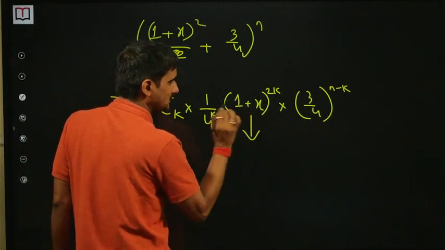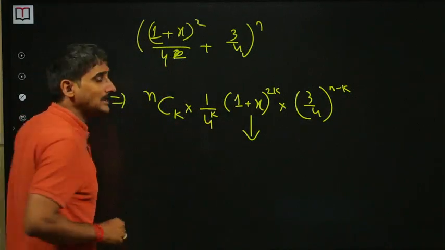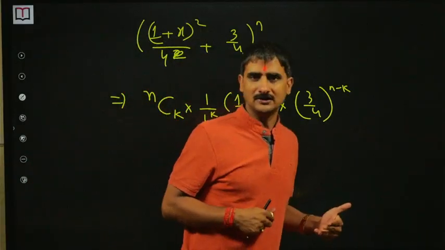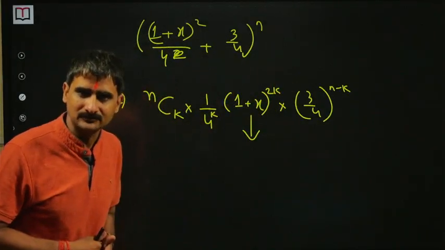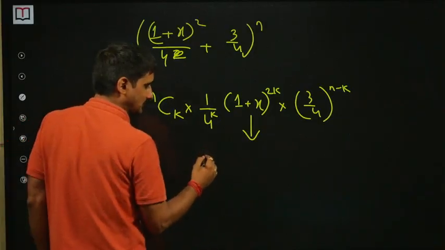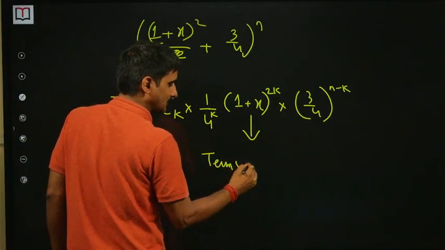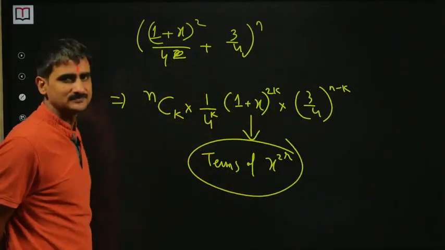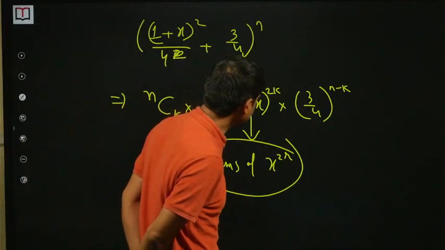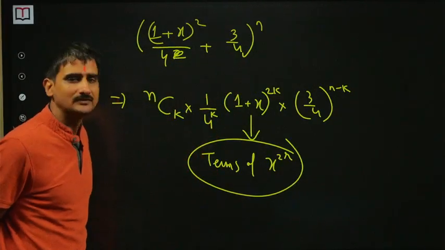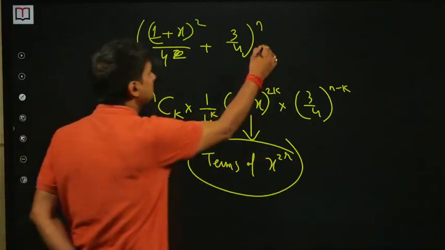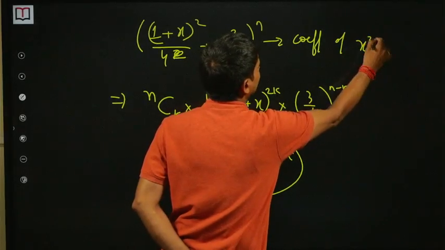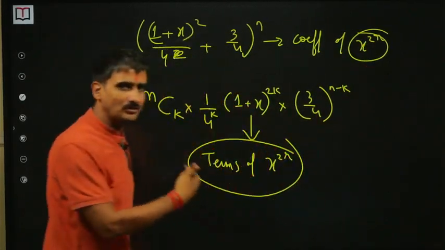That's a general term, so when k goes from r to n, we have to collect the terms of x raised to the power 2r. So the coefficient of x raised to the power 2r in this expansion is actually our series. So the coefficient of x raised to the power 2r here will be the value of this series.